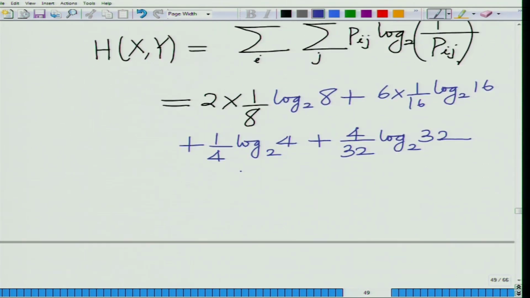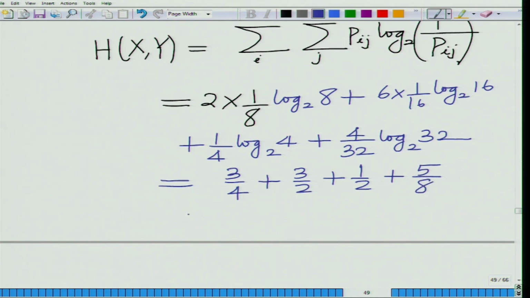You can see this will give you 3 over 4 plus 3 over 2 plus half plus 5 over 8.